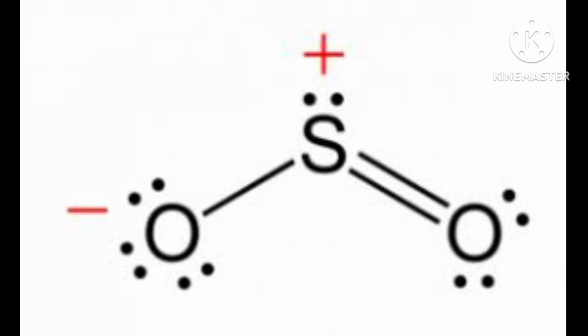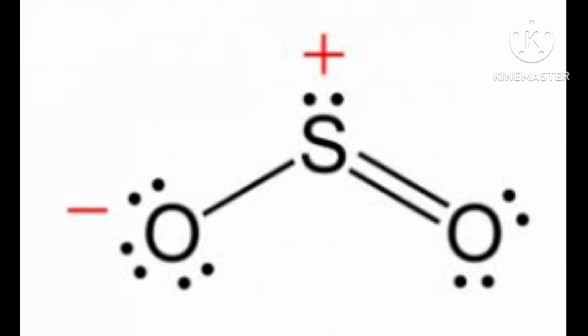Sulfur dioxide is formed together with a little sulfur trioxide, means both are formed, but sulfur trioxide is very less, 6 to 8% only, when sulfur is burnt in air or oxygen. A simple reaction: sulfur, it is solid, S plus O2, it forms SO2.